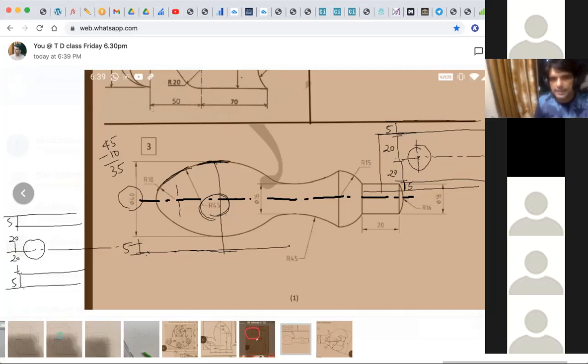Now, this is radius 45 and this is radius 10. So I know 45 minus 10 is how much? 35. So from this point, let's say this is O, you cut 35 up, that will be point A, and you cut 35 down, that will be point B. Then you draw an arc.